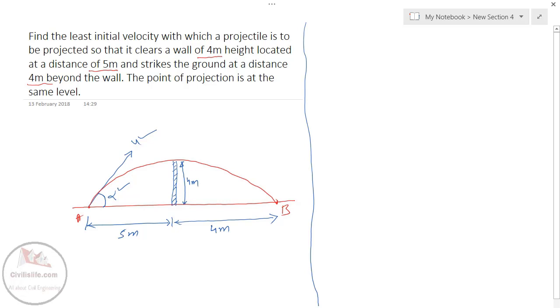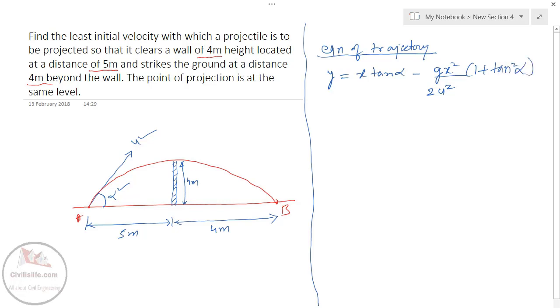When the relation between x and y is given, I can write the equation of trajectory, that is y is equal to x tan alpha minus g x square upon 2 u square into 1 plus tan square alpha.